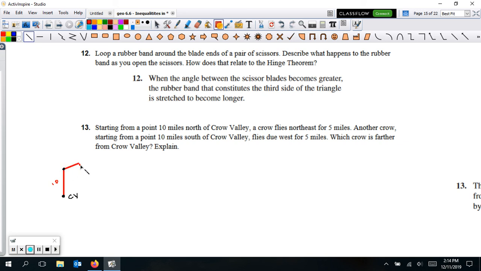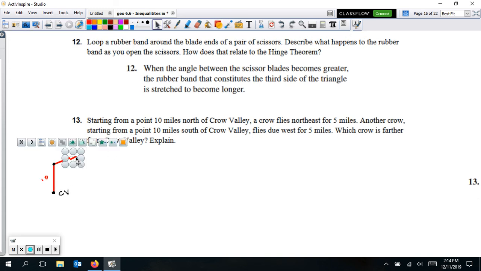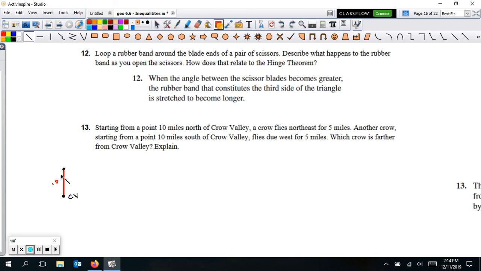Oops, I did that a little too much. Hold on, let me try this again. I'll just get rid of him and start over. Now I can go straight up north or straight east, but northeast is going to be about halfway in the middle.